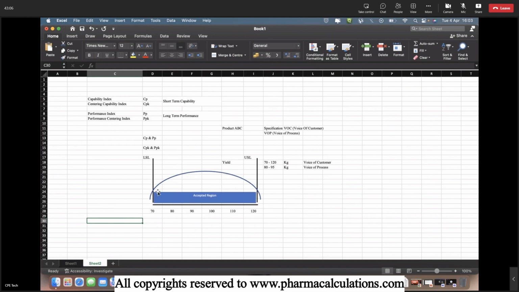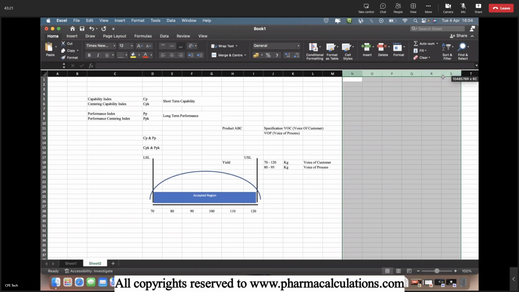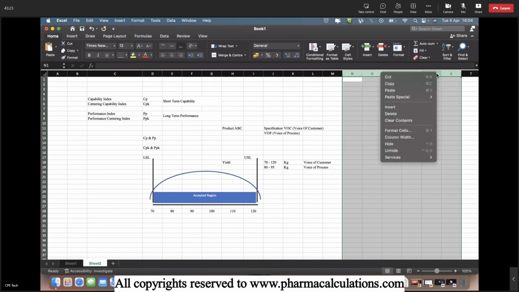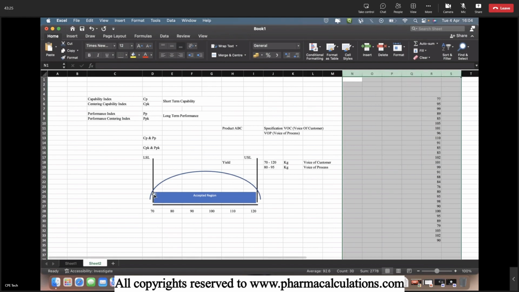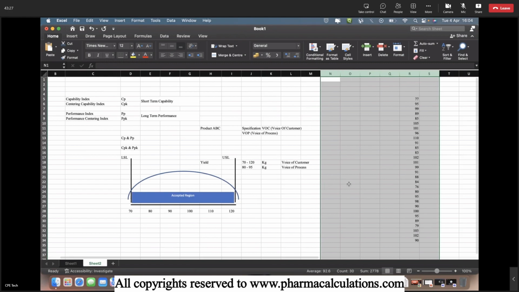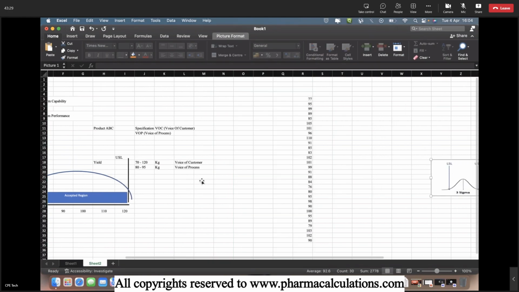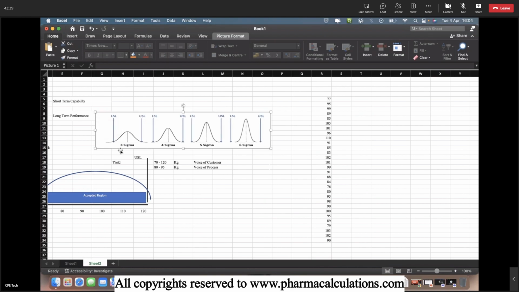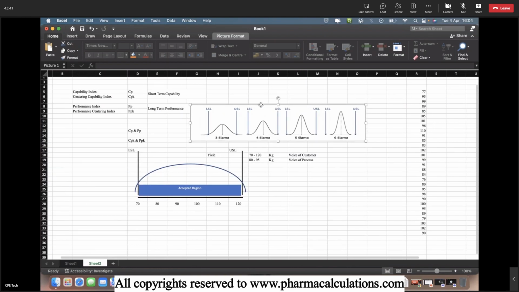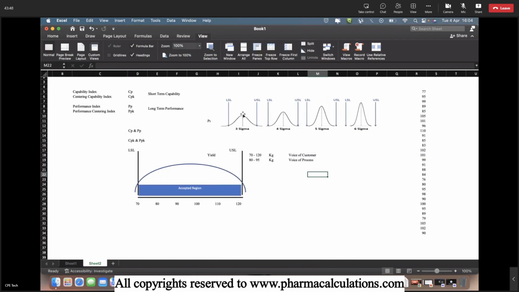In this case the spread is going to be high, but if the spread is reduced, that means if the data centering is increased like this. I have an example here. Now see this. This is the spread and these are the specification limits.